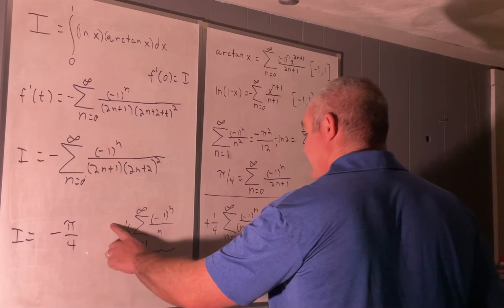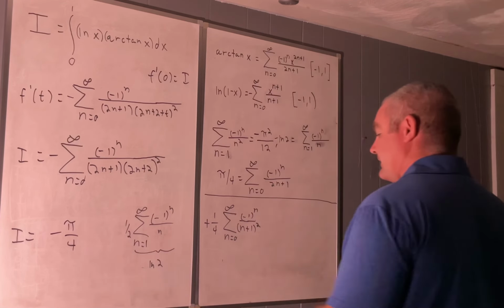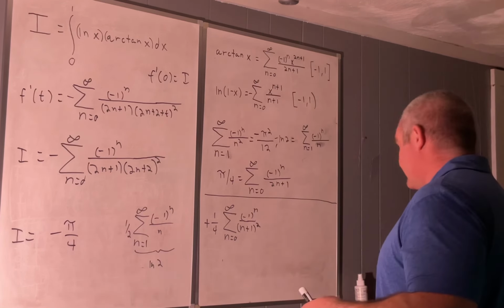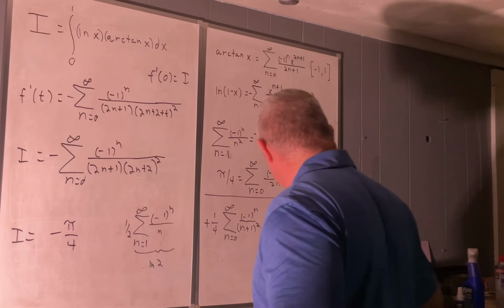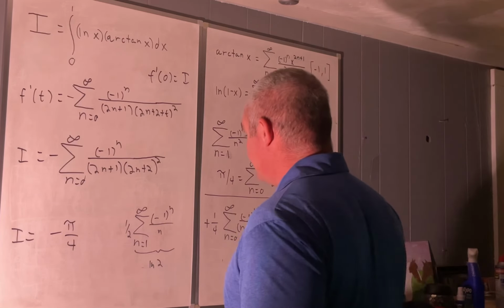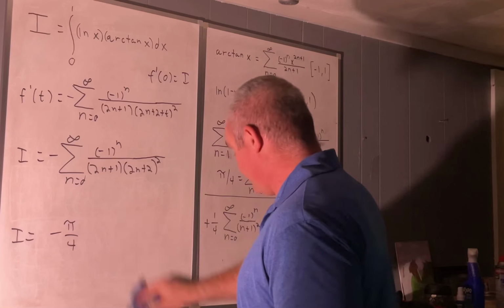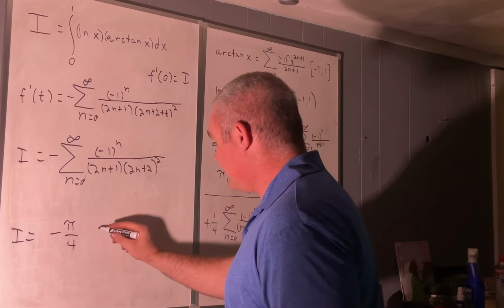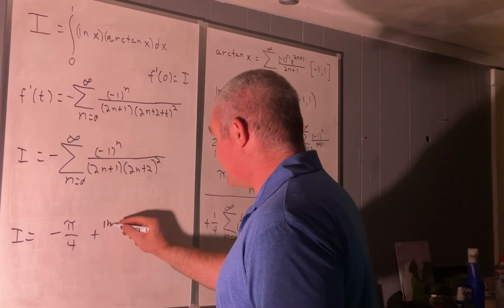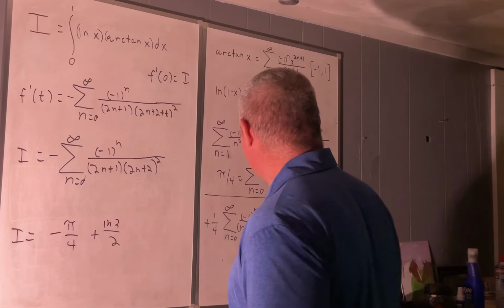This negative and this negative will cancel, giving us just plus natural log 2 over 2.